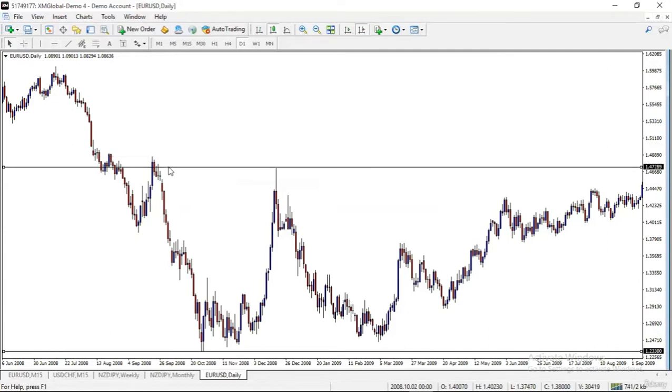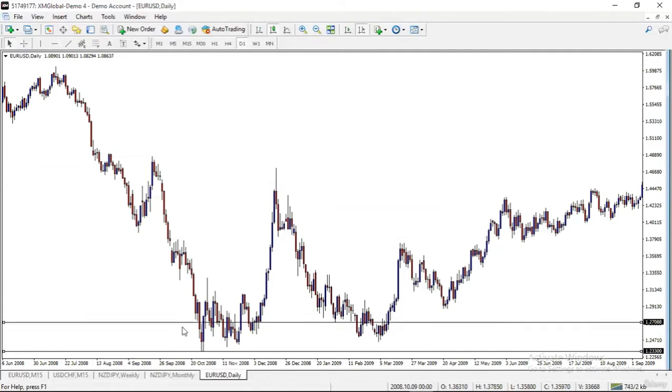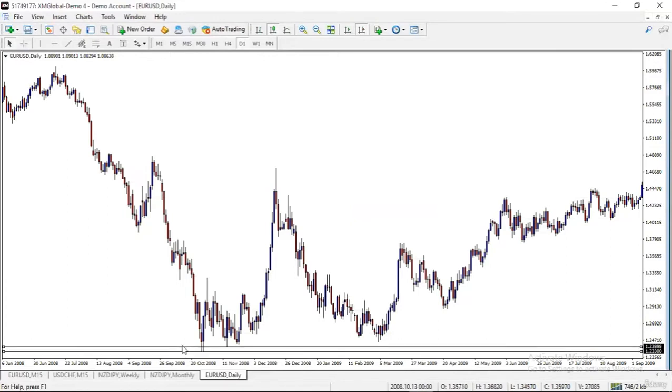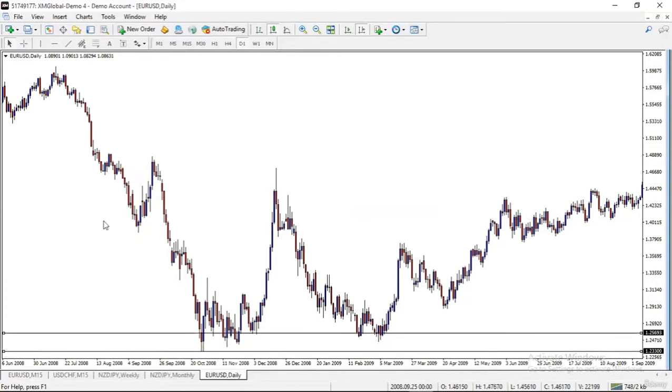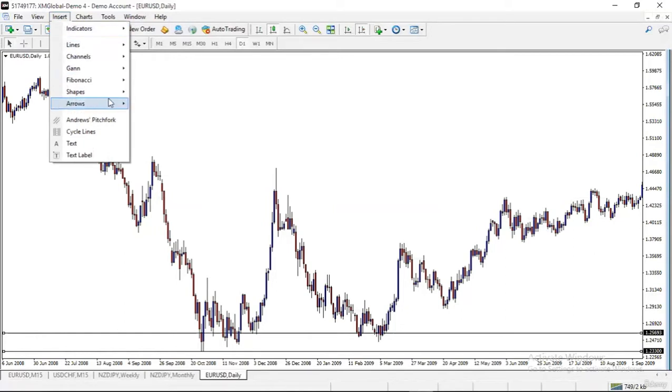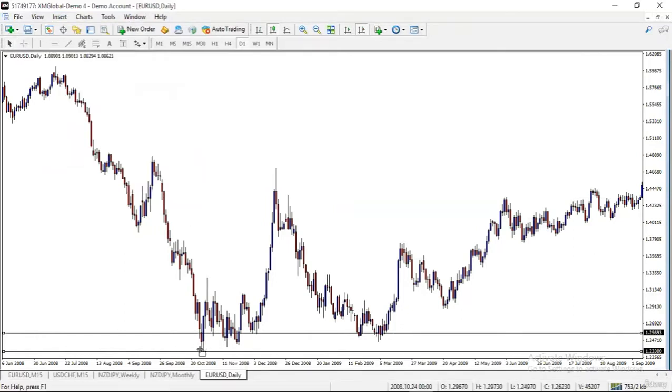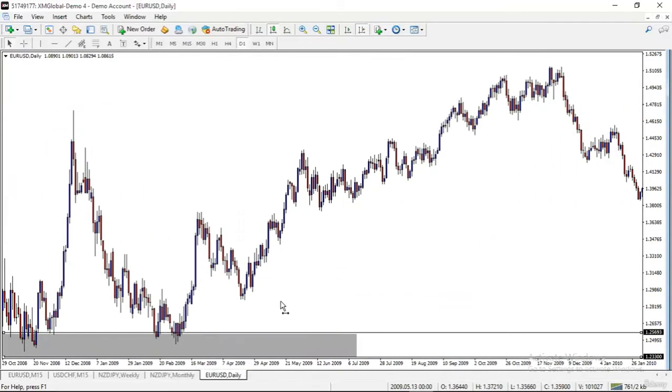Same as this, same as this. It didn't retest, but if you mark a range like this, around this price there's support that has formed. You can see you get your nice reactions from that range.